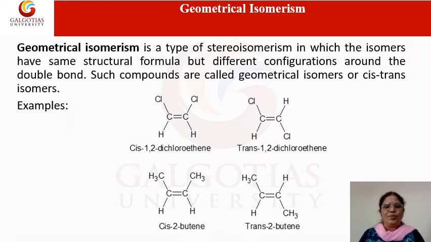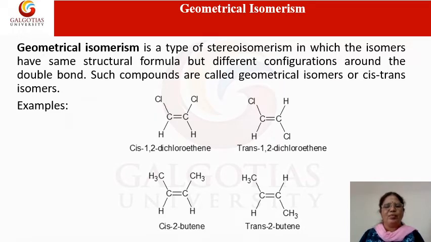The two chloro groups are attached to two carbon atoms. In this molecule, we can see the two carbon atoms have a double bond and each carbon atom is bonded to one hydrogen and one chlorine. So that's how we can say this particular molecule is a geometrical isomer.